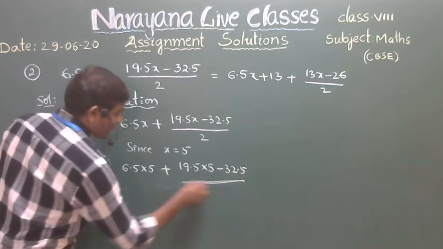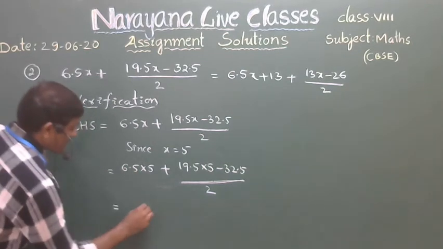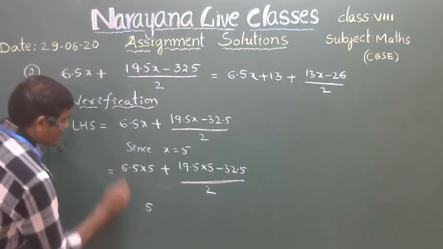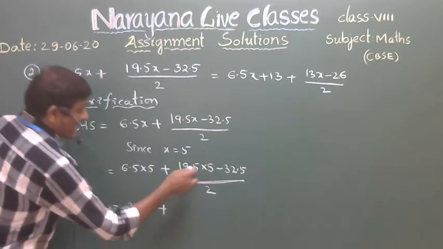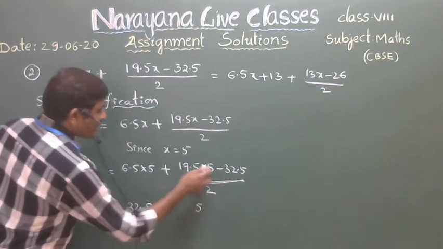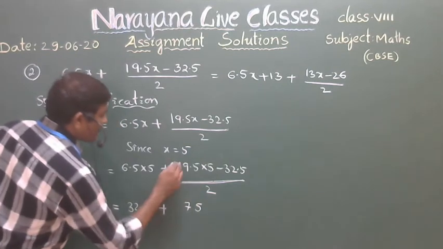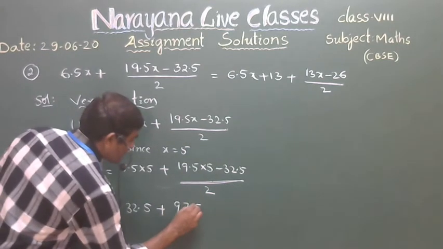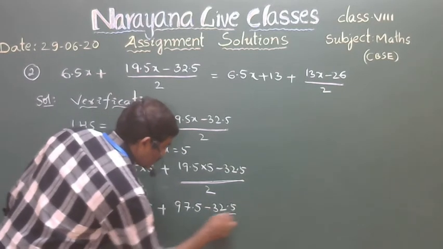So 6.5 into 5: 5 5s are 25, 5 6s are 30 plus 2, 32, so 32.5, plus 19.5 into 5: 5 5s are 25, 5 9s are 45 plus 2, 47, 5 1s are 5 plus 4, 9, so 97.5, minus 32.5 by 2.